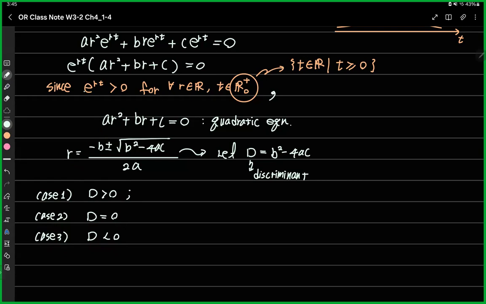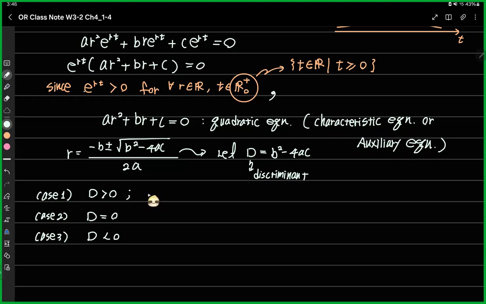By the way, that quadratic equation is called the characteristic equation, or it's called the auxiliary equation, simply saying the aux equation. Anyway, so D greater than 0 means that the characteristic equation has 2 distinct roots.